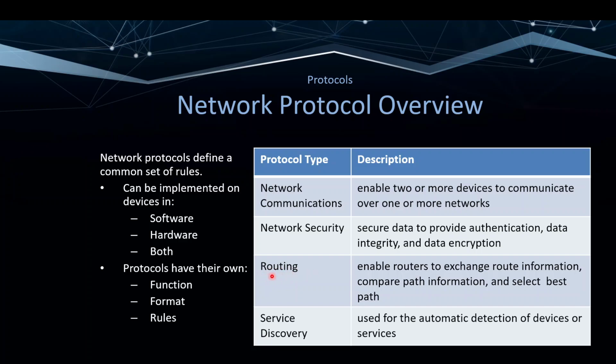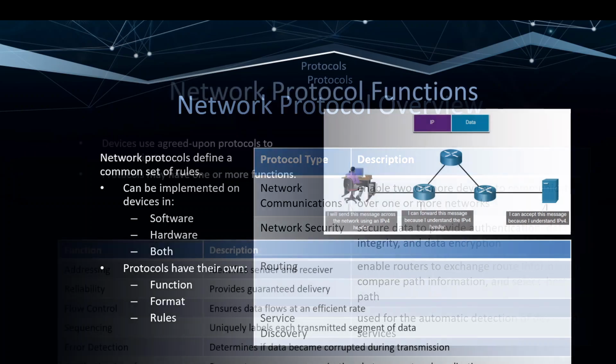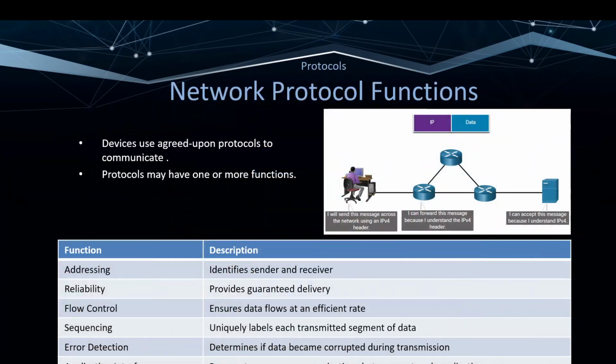And then we have routing. Routing protocols handle the process of routing traffic from source to destination, like OSPF, like RIP, and so on. We're going to get to routing protocols in part 2 of the CCNA curriculum. Service discovery, CDP for example, Cisco Discovery Protocol, is also used in service discovery. Yeah, those are all protocols used by applications, either on the network or for security, and so on and so forth.